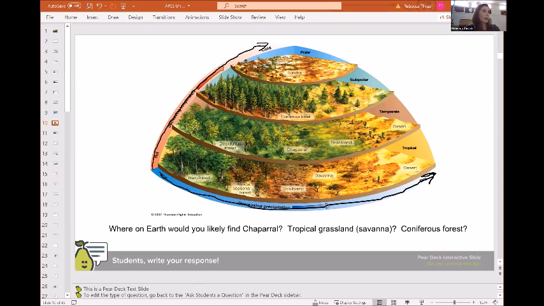So where on earth do you think you would find, speaking of latitude, the biome of chaparral, right? Right here, kind of in the middle. I think we also call this scrubland. Where would that be? Where would the tropical grasslands or savanna be? What about the coniferous forest?